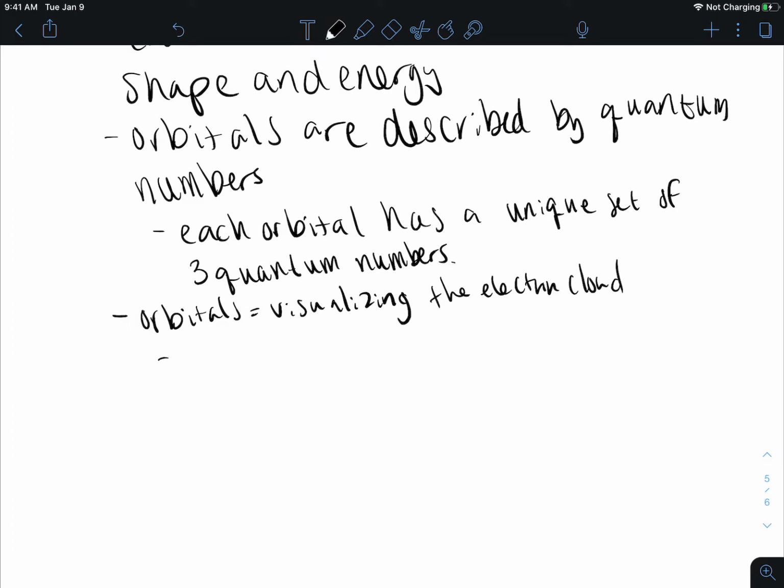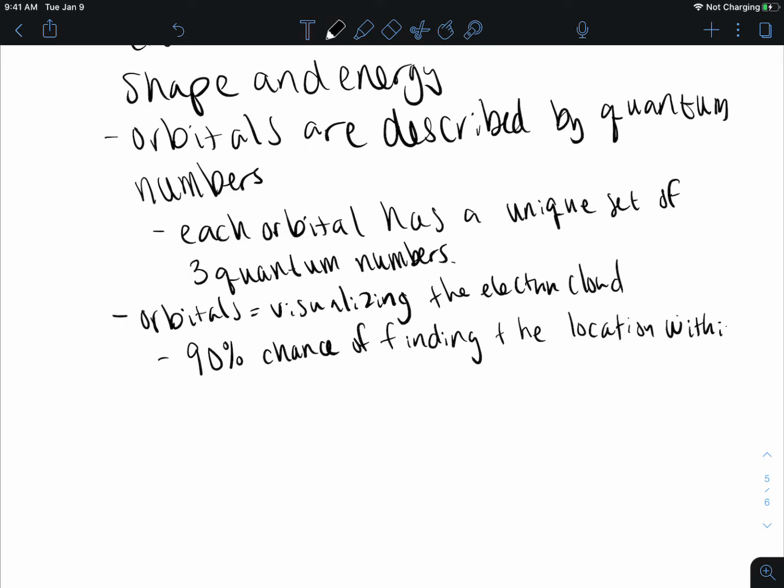And our orbitals, that visual representation, is basically a 90% chance of finding the location within these boundaries. That does not mean they can't be found outside. They can be found very far away, but this is where they're most likely to be found.